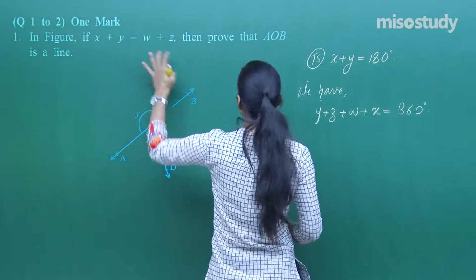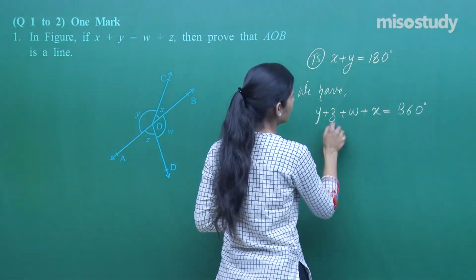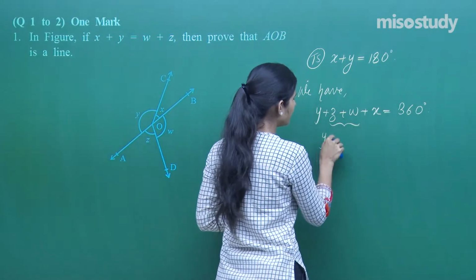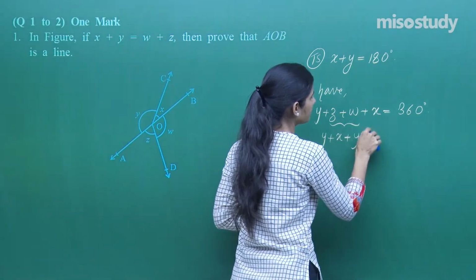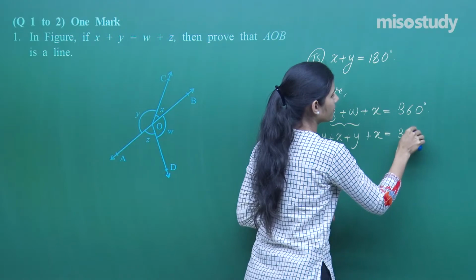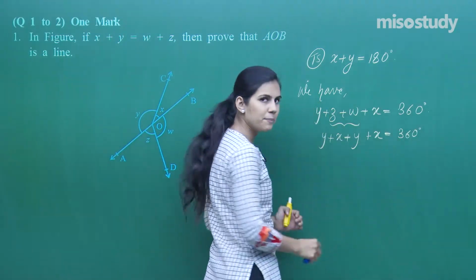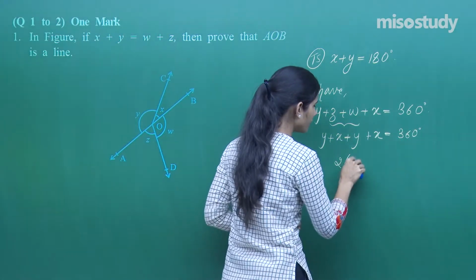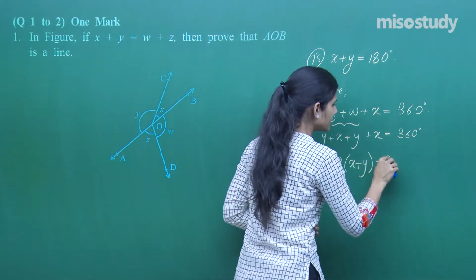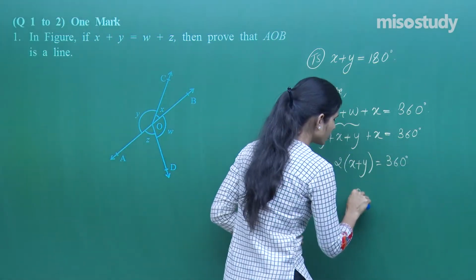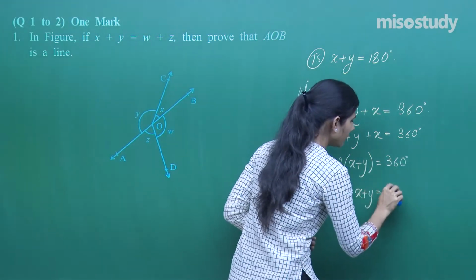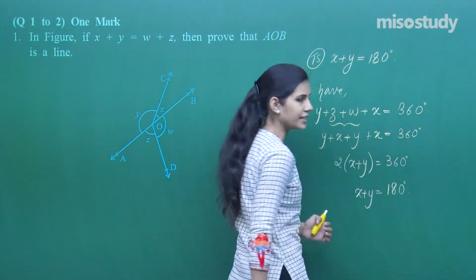But it is given that x plus y is same as w plus z, so w plus z will be replaced by x plus y, and so you will have twice of x plus y is 360, which means x plus y is 360 upon 2, that is 180.